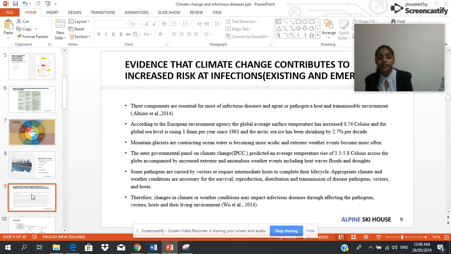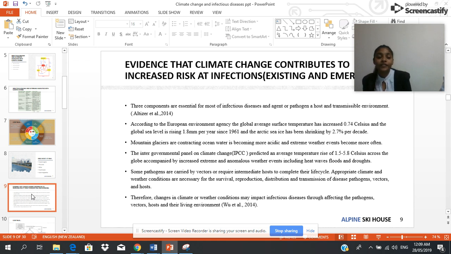Moreover, mountain glaciers are contracting. Because of that, the ocean can become acidic, and extreme weather changes can happen. The Intergovernmental Panel on Climate Change predicted an average temperature rise of 1.5 to 5.8 Celsius across the globe, accompanied by increased extreme and anomalous weather events, including heat waves, floods, and droughts.